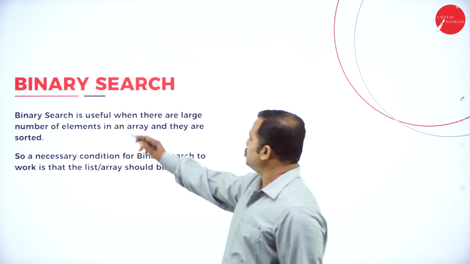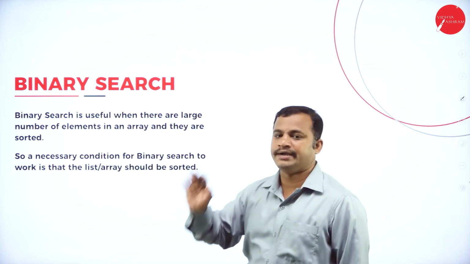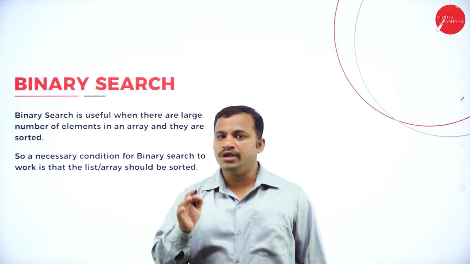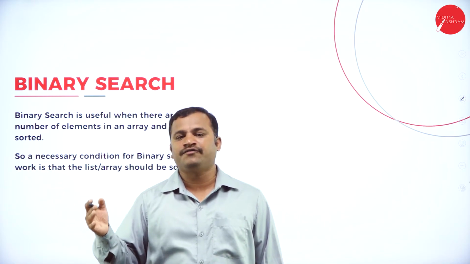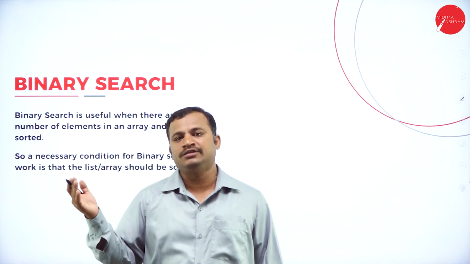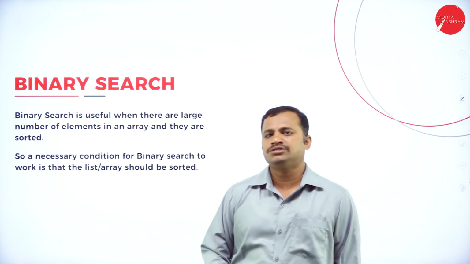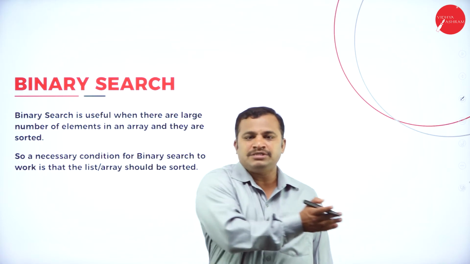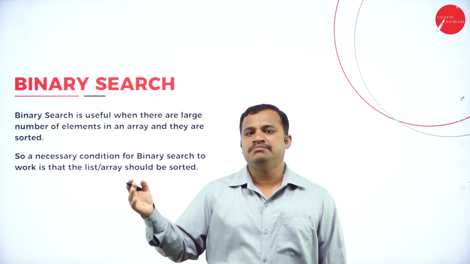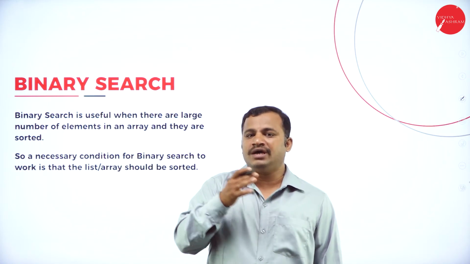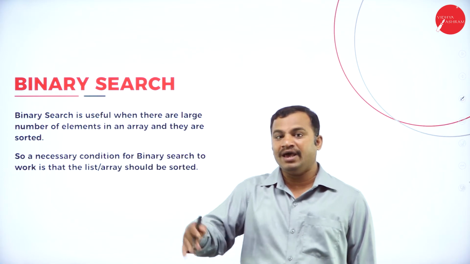Binary search is useful when there are a larger number of elements in an array and they are sorted. This is useful only when we have a large number of elements. Suppose you have an array of 1000 elements or 10,000 elements, then you can employ this binary search algorithm, because there is no need to search the elements sequentially from one end of the array to the other end, because it halves the work of searching for an element in every iteration.